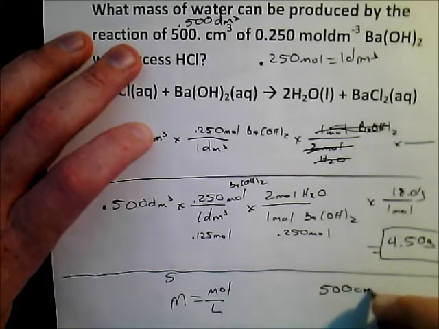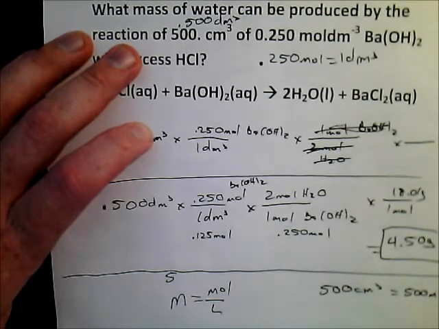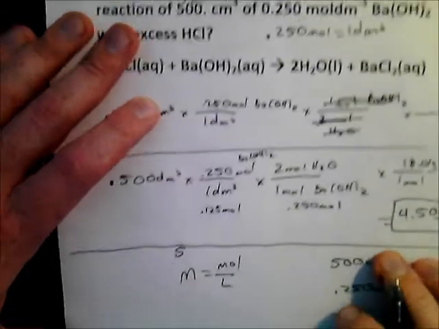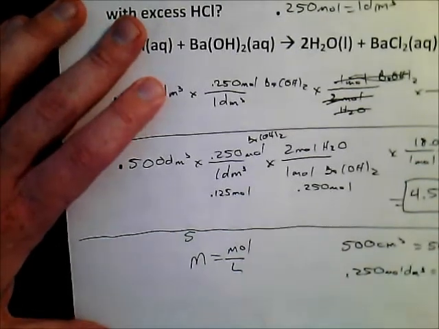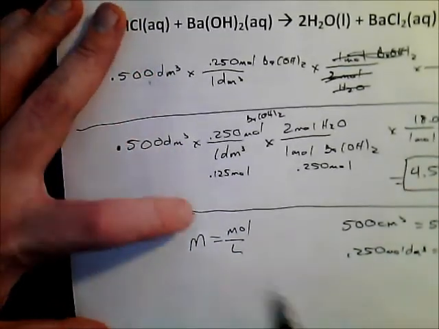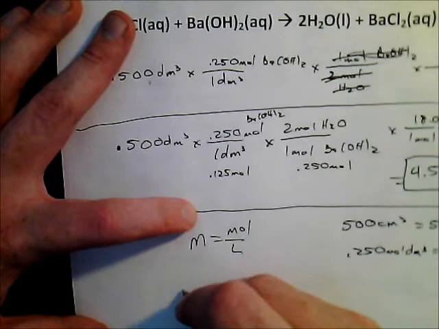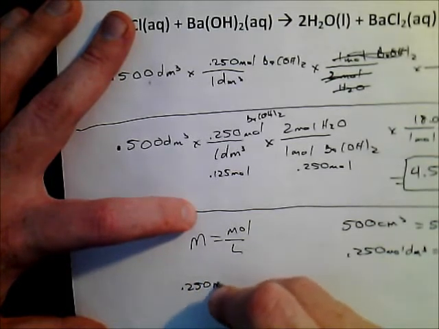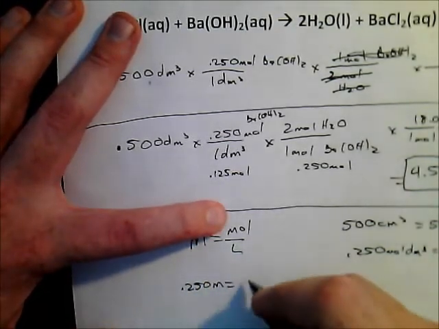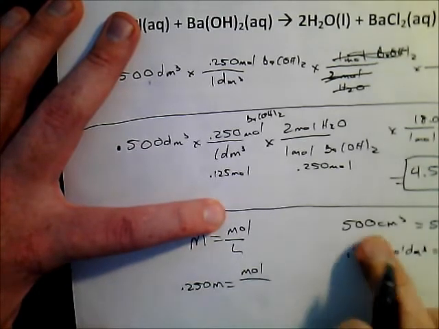You got to understand that 500 cubic centimeters is the same thing as 500 milliliters, and that 0.250 mole per cubic decimeter is the same as molarity. So that's my molarity. I still need to find moles. This is still stoichiometry, so I need to use my equation to find moles. So that's 0.250, that's my molarity. I want to solve for moles, so that goes on top.